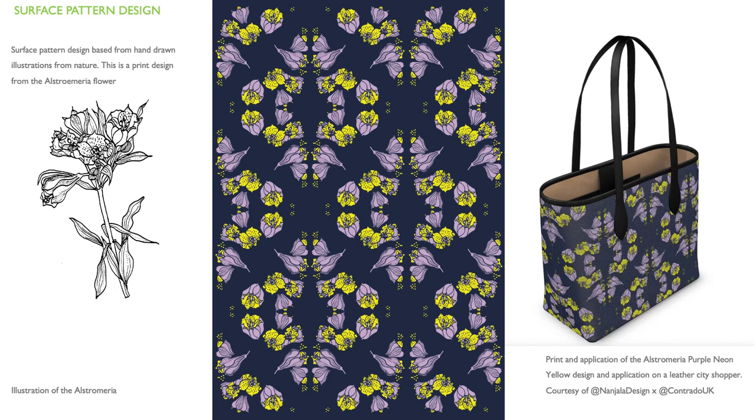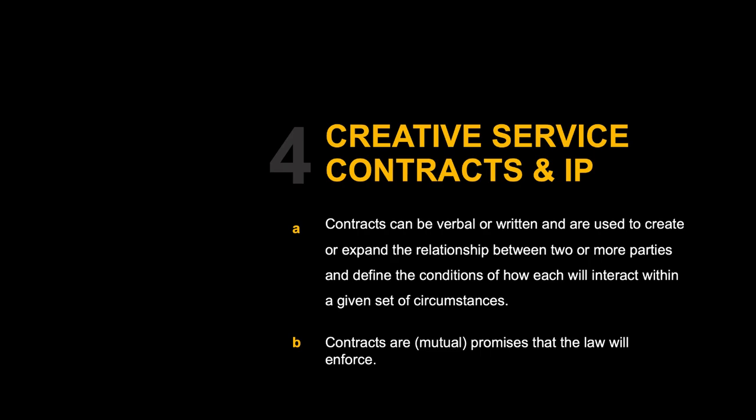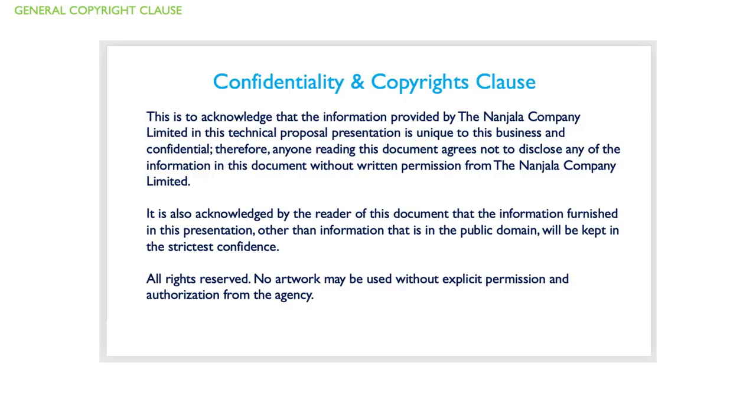So I'll close with contracts, because I think when you look at the creative world, particularly when you're being commissioned to do work, you must know how to prepare contracts. So here are three different versions of what you need to include. The first one is definitely have a confidentiality and copyrights clause. This is to acknowledge that the information provided by the Nanjala company in this technical proposal presentation is unique to this business and confidential.